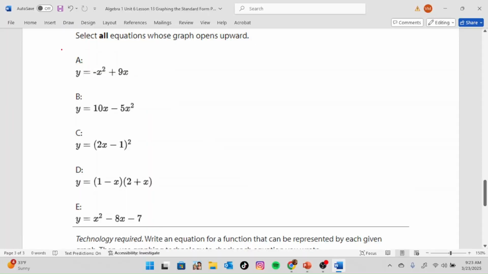Practice problem number 4. Select all equations whose graph opens upward. So we know that it opens upward if the A term is positive.